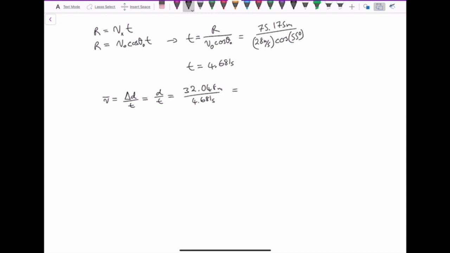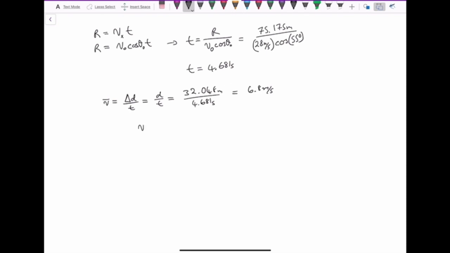This is going to equal 6.8 meters per second. So his average velocity is 6.8 meters per second at an angle of 61 degrees. So this is the speed at which the outfielder is going to run, and the direction is the angle.